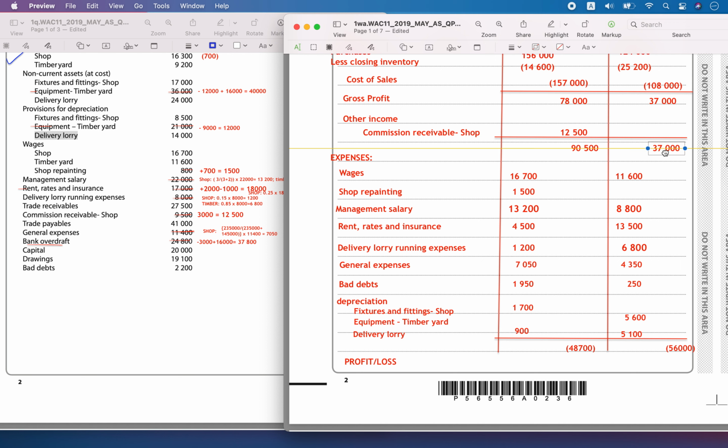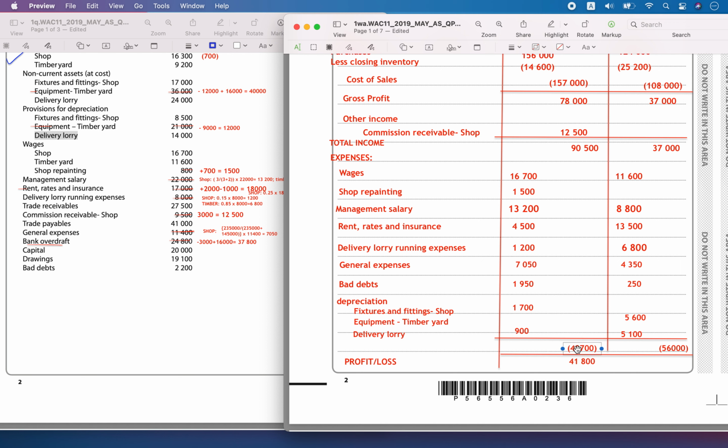Now we have to calculate from the total income you had got. For the shop, 90,500 minus 48,700 is equal to 41,800.